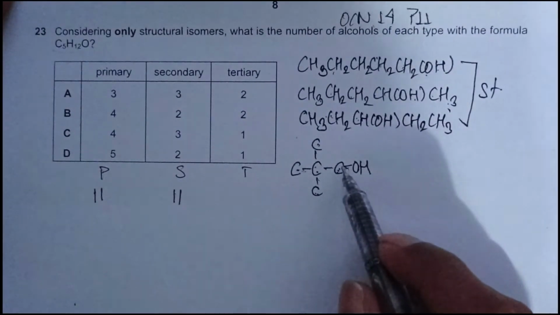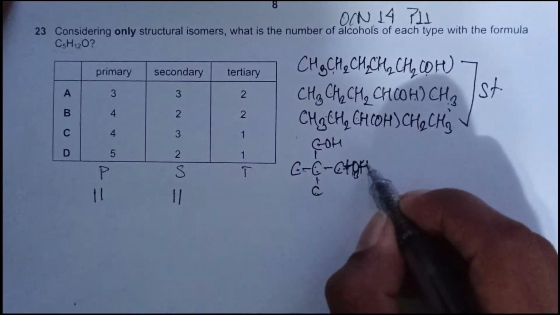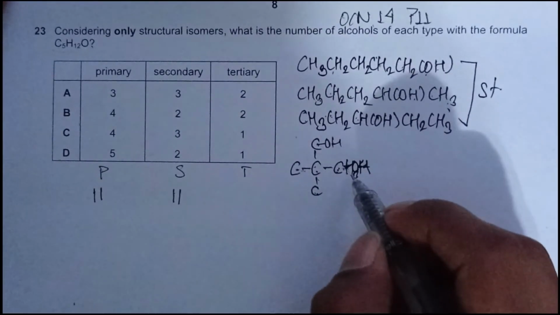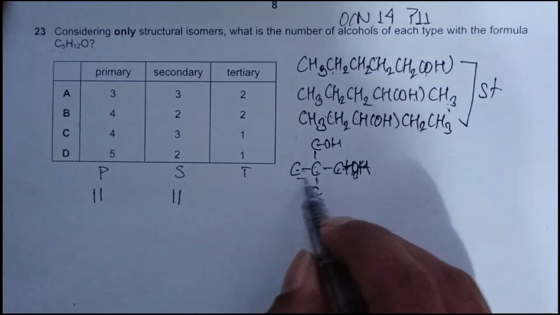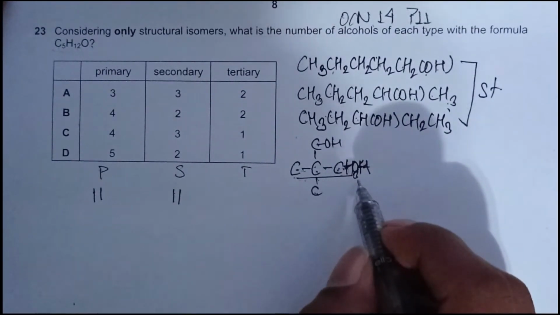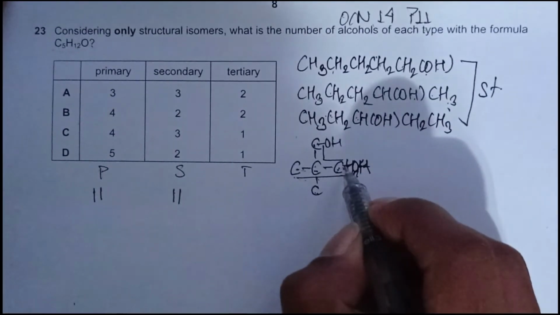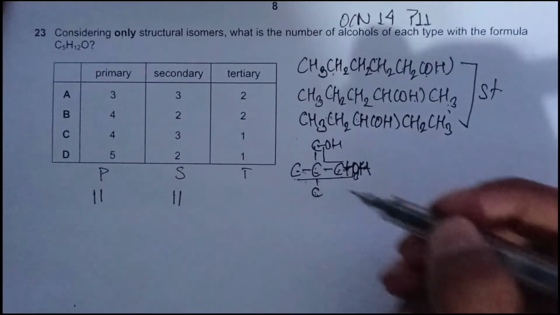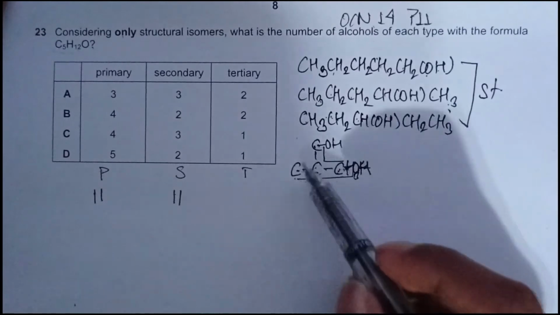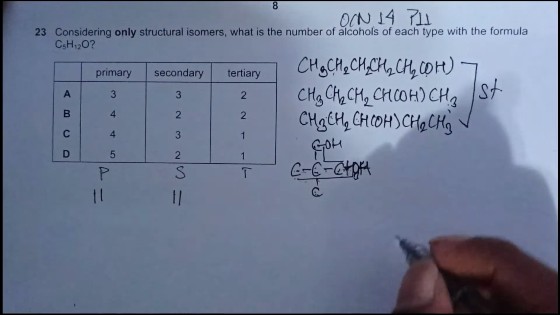Now if we add OH here, making this CH3, this means the same thing. In the first one which we considered, we took this as the longest carbon chain. Now for this case, these 3 carbons are going to be the longest chain, and we are going to exclude this and this, which means again 2,2-dimethyl. So from this typical structure, we can have only one primary alcohol.